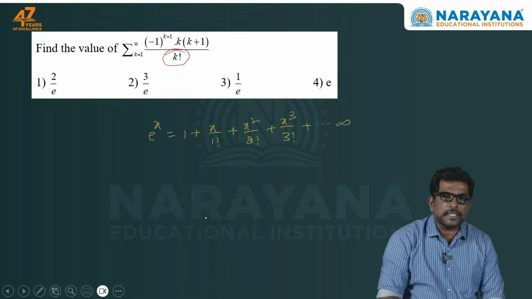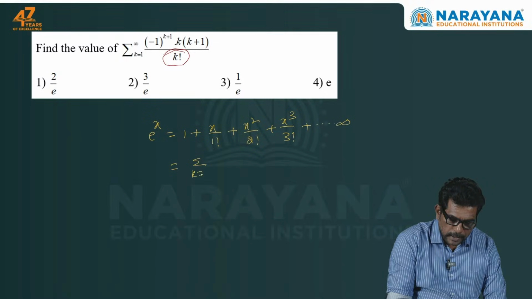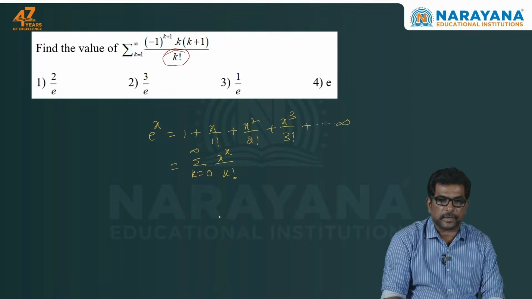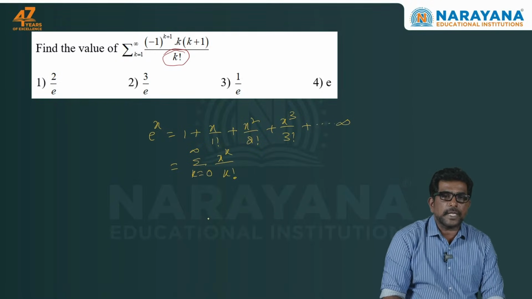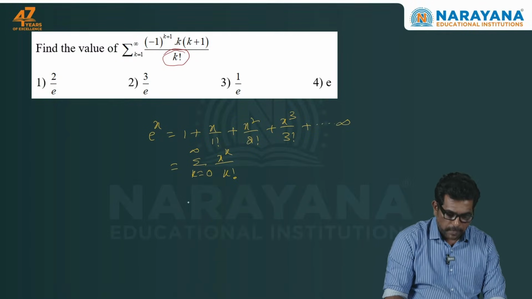This is the exponential series. The compact form of this is summation k is equal to 0 to infinite x to the power of k upon k factorial.